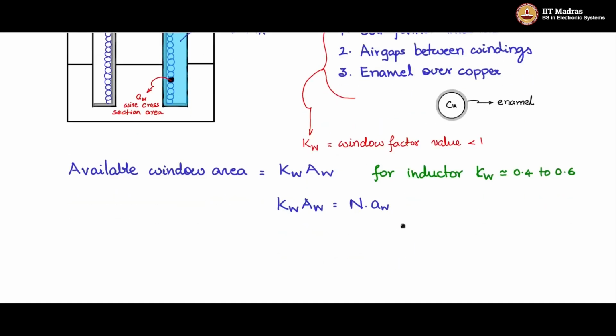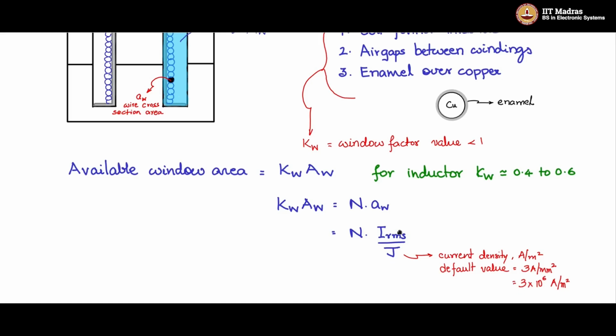Now the area of cross section of the wire, we will write it in terms of IRMS, the RMS current that flows through the wire, and a permissible current density J. For copper, this is at a default value of around 3 amp per mm square, or 3 into 10 to the power of 6 amp per meter square.